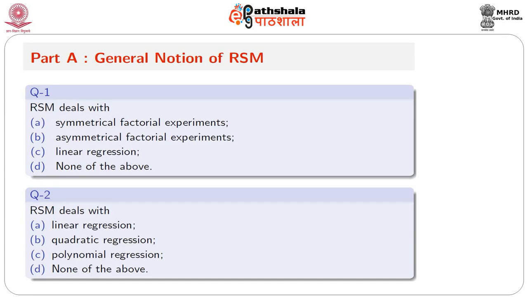Here, the sense carried in the options given looks like you are talking about only one x: y equal to alpha plus beta x, or y equal to alpha plus beta x plus gamma x square, or y equal to alpha plus beta x plus gamma x square plus delta x cube, etc. When you are referring to polynomial regression, the sense is always in terms of y and x, which is not the case for RSM. Therefore, the answer still should be none of the above.